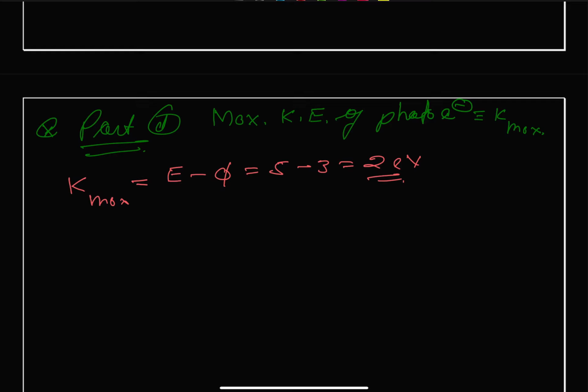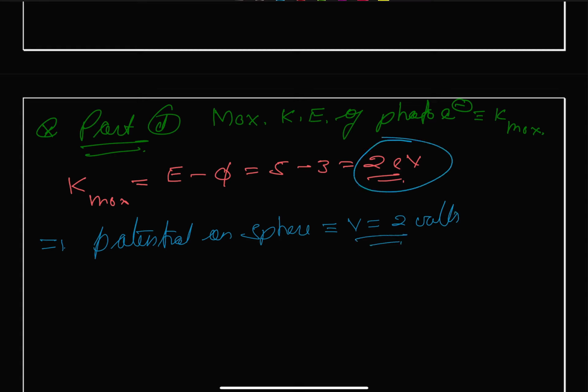So therefore we can say that the potential on the sphere, that is our V, is equal to 2 volt, because the maximum kinetic energy is 2 electron volt.